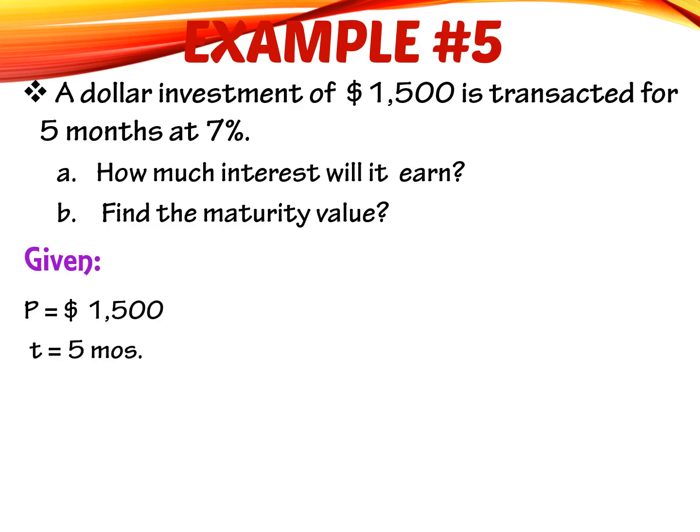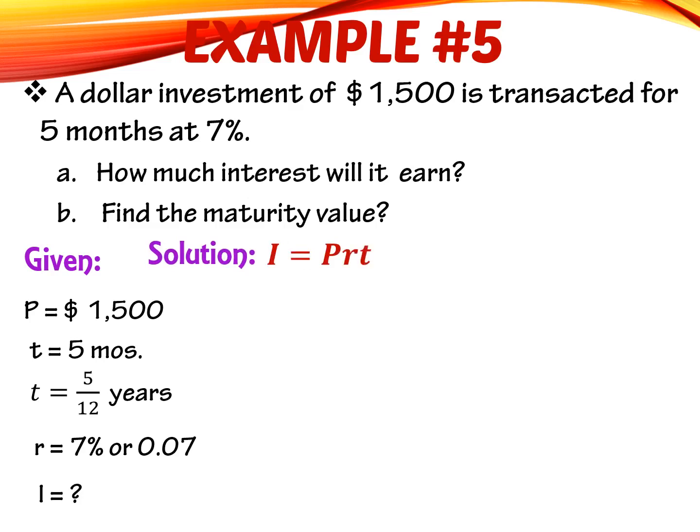We have to convert first 5 months into years. So, we divide this by 12. So, you can have 5/12 or you can have it in decimal. And the rate is 0.07 in decimal. So, for the interest, you have the formula principal times rate times time. So, let's have 1,500 times 0.07 times 5/12.